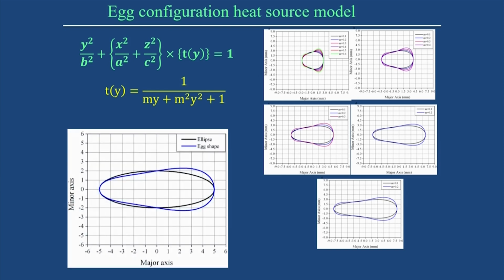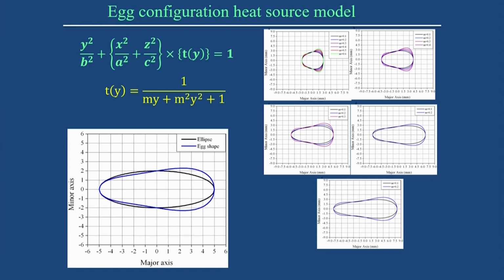Here you can see the difference between the ellipse and the egg shape. An ellipse is very symmetric, and in most cases we merge two ellipsoids to generate a double ellipsoidal heat source model.